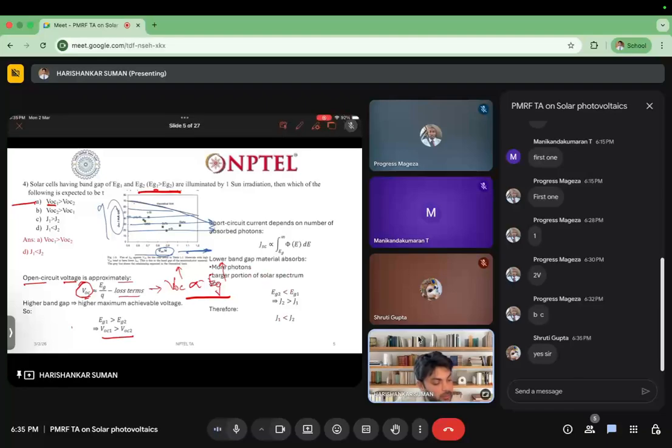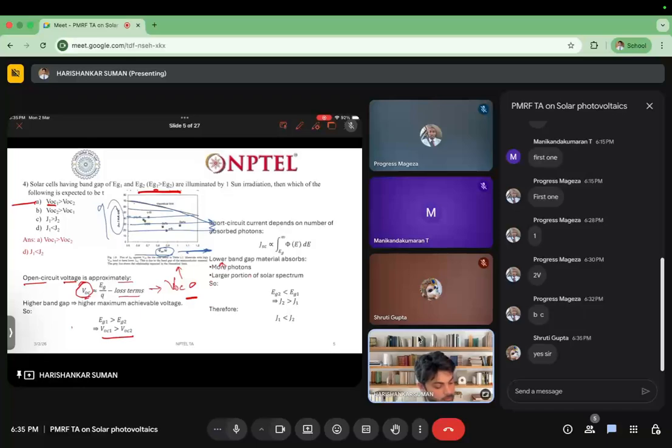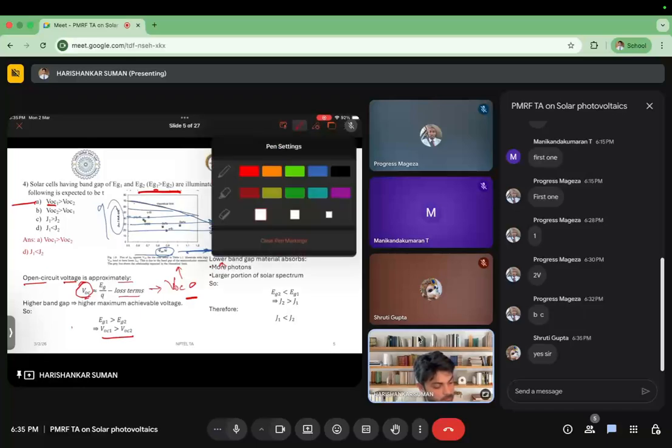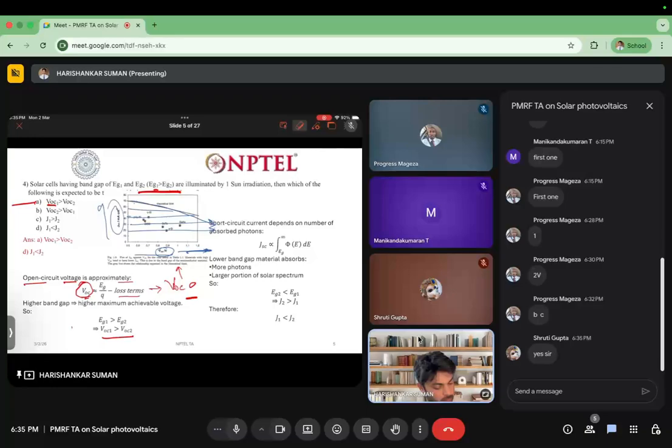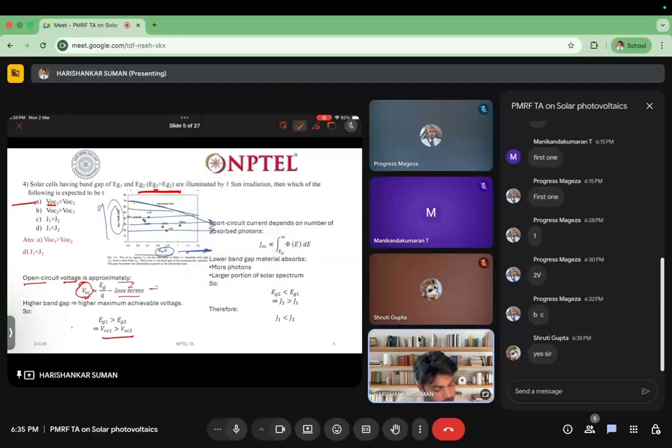And see another one. Let me erase first. Short circuit current density depends on the number of absorbed photons.